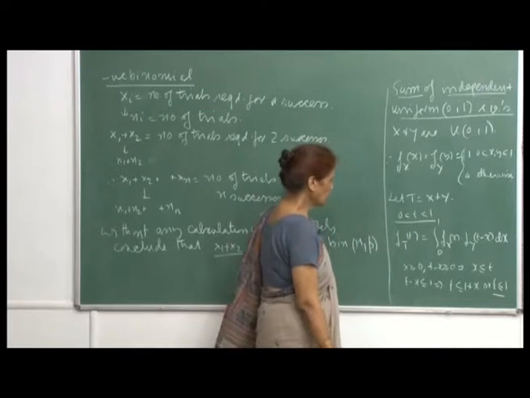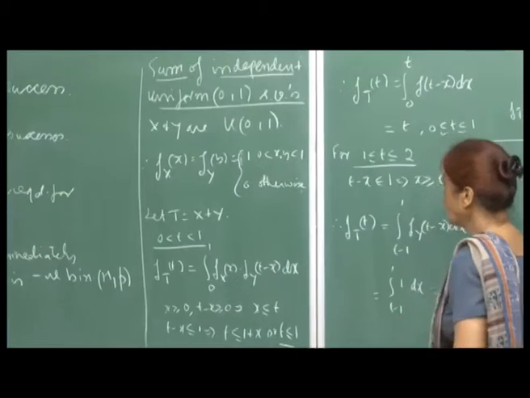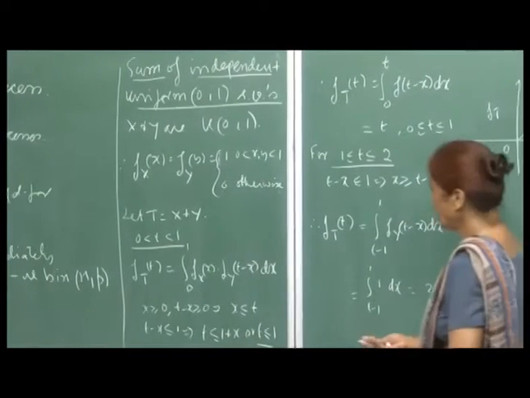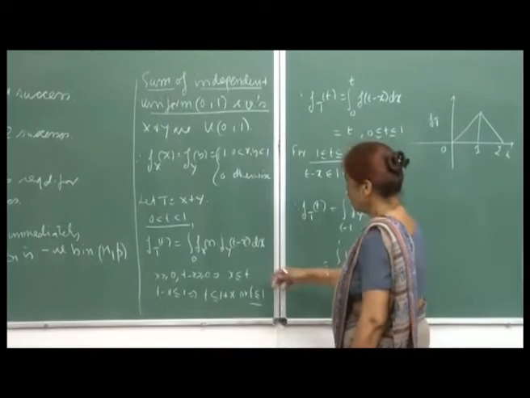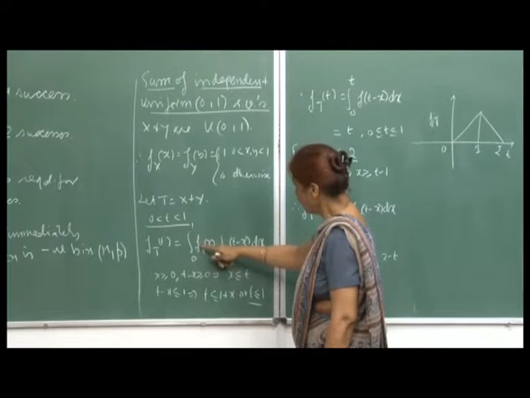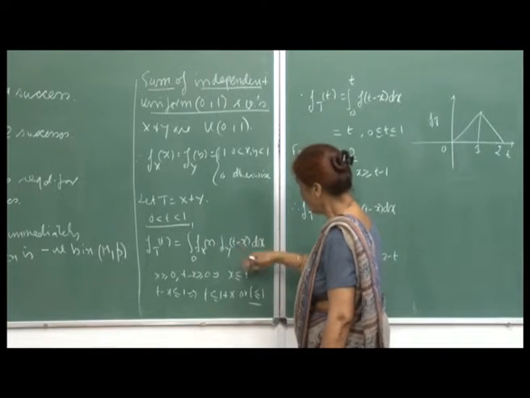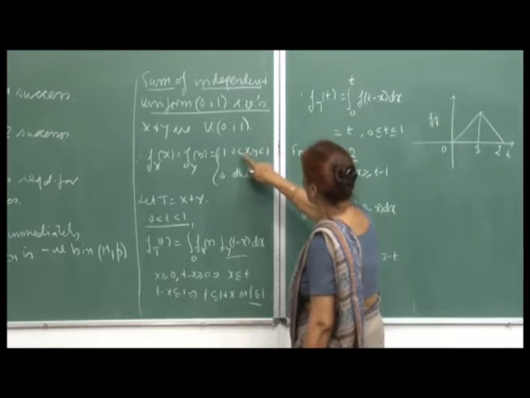Now, this is where this part comes in: sometimes you can easily determine the ranges, but sometimes it may not be that easy. Here, for example, when I write the formula f_X(x) f_Y(t minus x), this is defined only between 0 and 1.